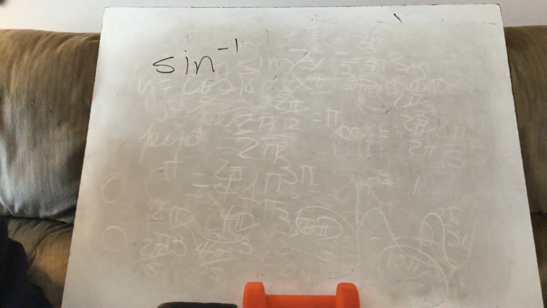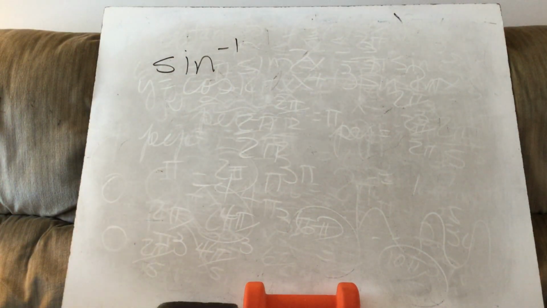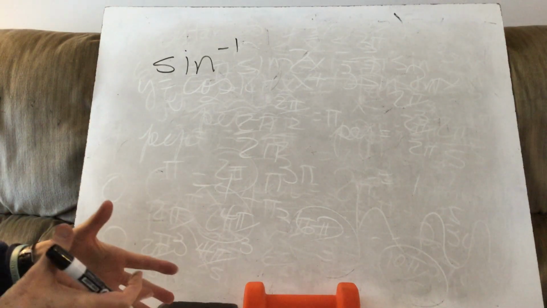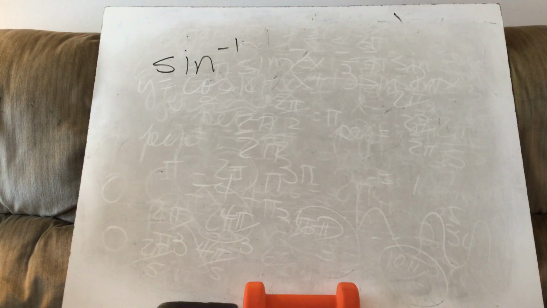This notation, now I know we have used that notation, but it was never part of a problem before. Now it's part of a problem. It's written right there in the problem. When that notation is in the problem, there are very specific rules about where you're going to find your angles.